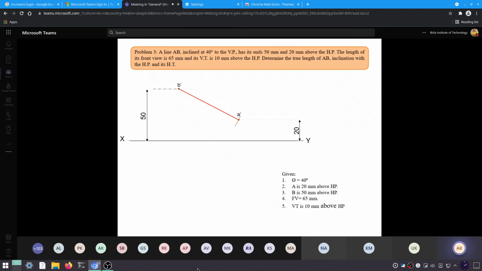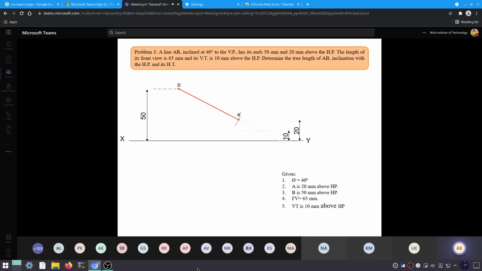Now we are going to use the other information, that the vertical trace is 10 mm above HP. Vertical trace means capital V, it is 10 mm above HP. So we will draw a locus line for the vertical trace, 10 mm above HP.